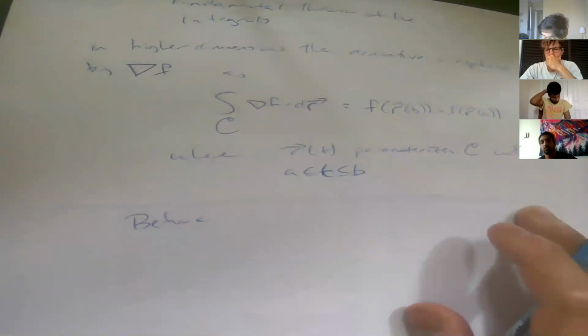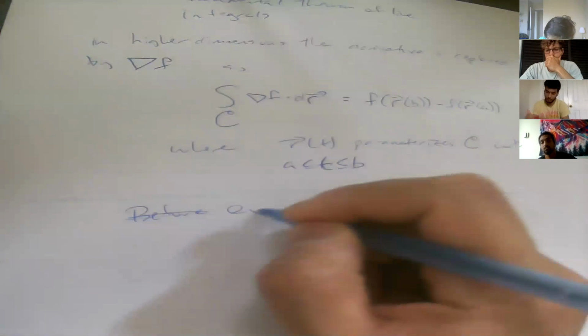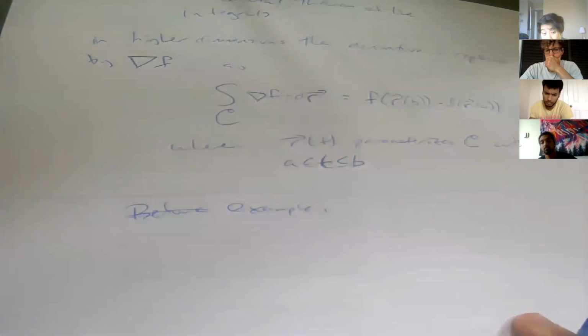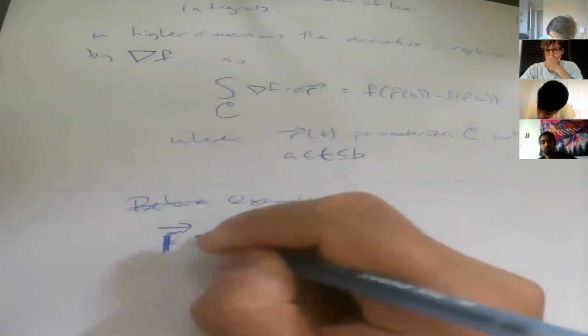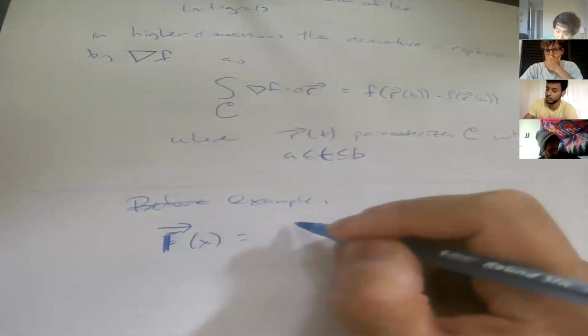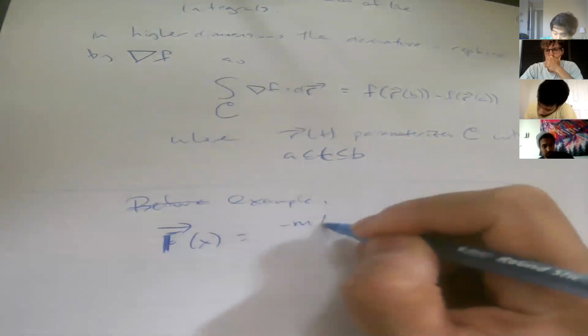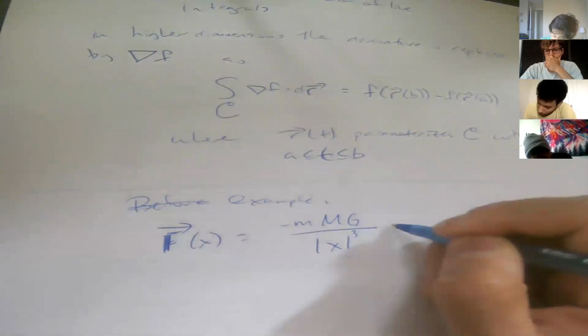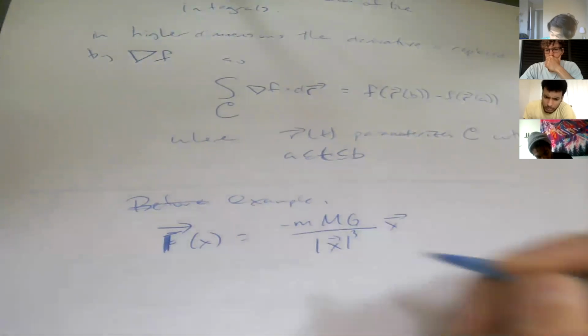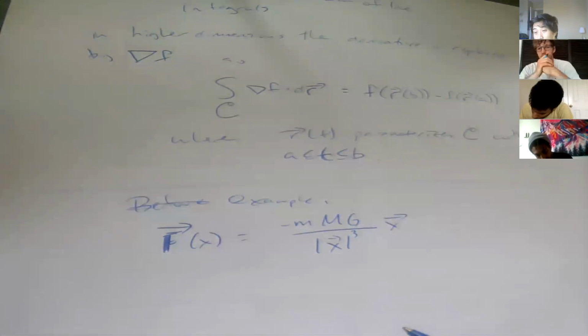Let's look at this example here. This is a pretty standard example. F of x is the gravitational force field.